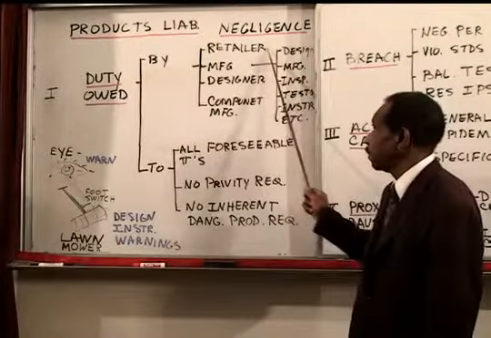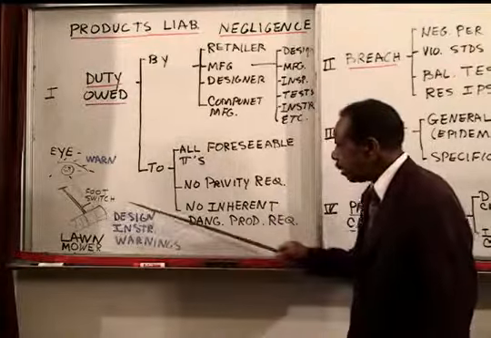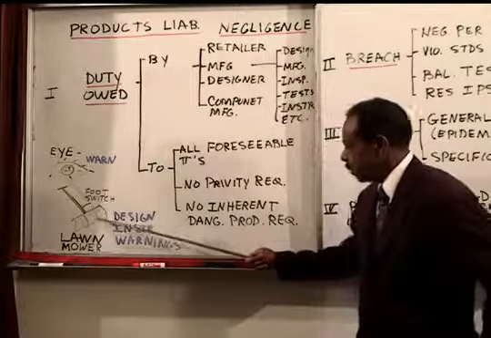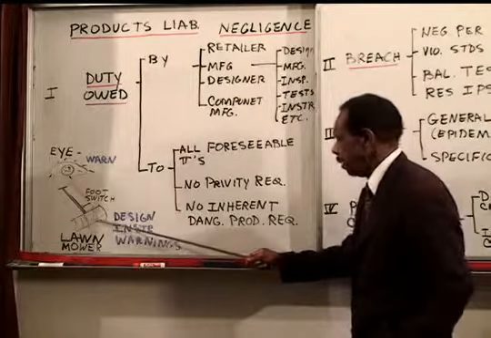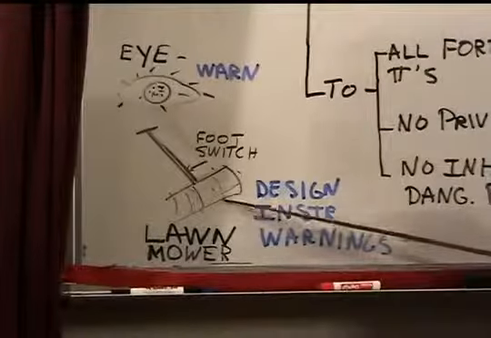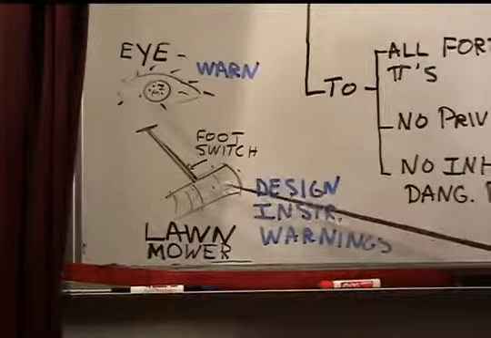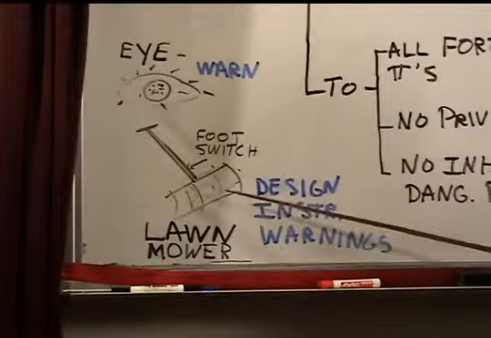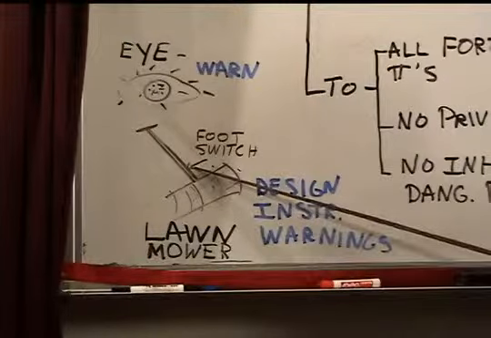So for example, a retailer. We had a problem that you're looking at today in which there was a lawnmower that you see here, this carefully drawn, artistically a beautiful lawnmower. I must ask those of you who are watching this not to try to sell my paintings here separately. But there was a lawnmower, and the lawnmower had a foot switch, a switch right here for turning it off.